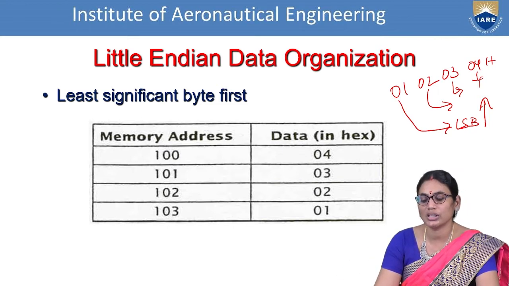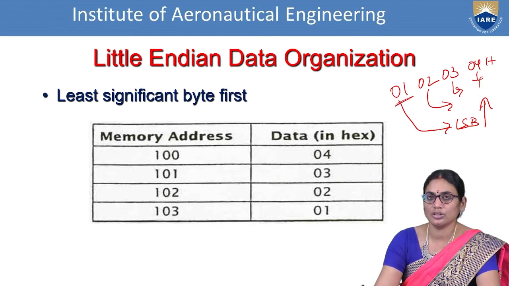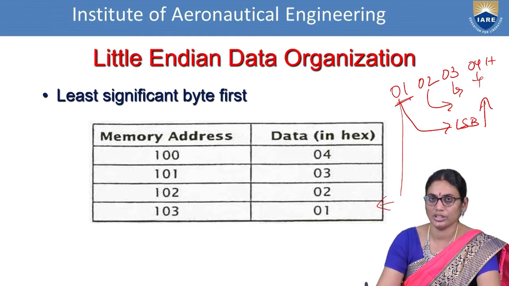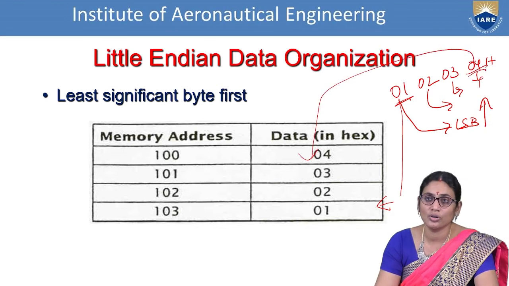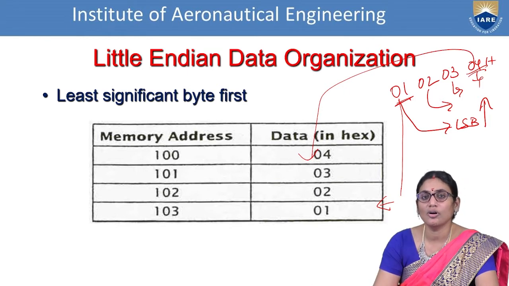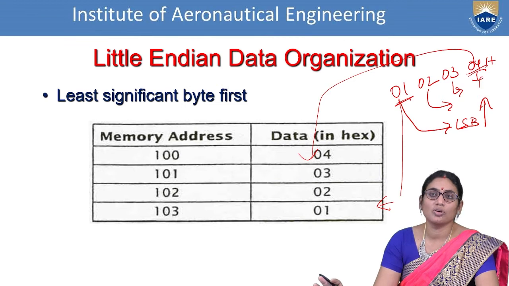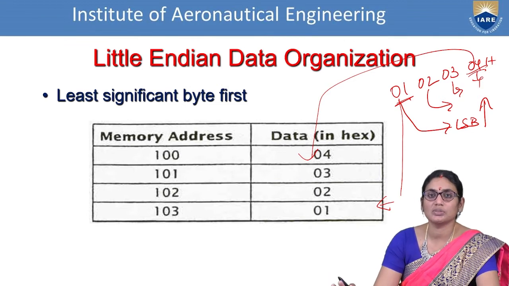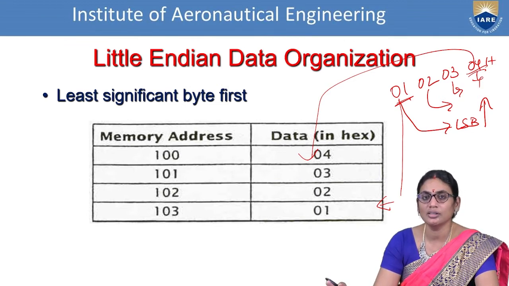So the first data byte which you are storing will be stored in the last location, and the last data byte will be stored in the first location. These two are the representations for multi-byte data organization. So this is about the memory organization with respect to chip representation and other information.